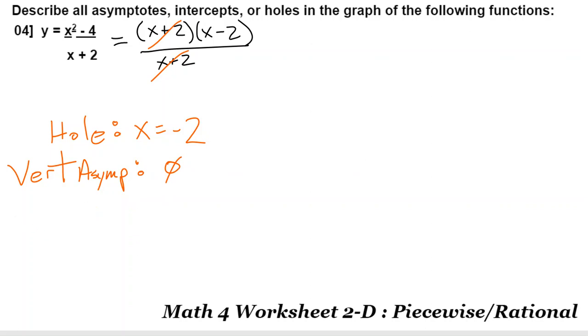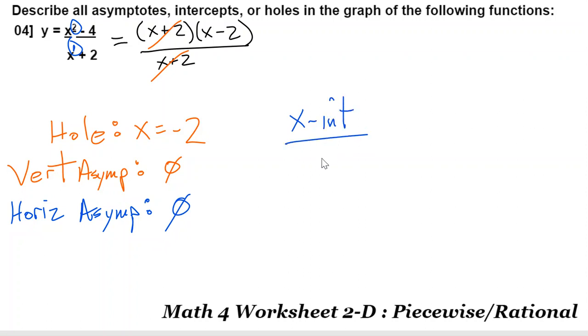And for the horizontal asymptote, let's see now, we have an x squared and we have an x to the 1. Since it is top heavy, we have none. Oh, let's see, x-intercepts.